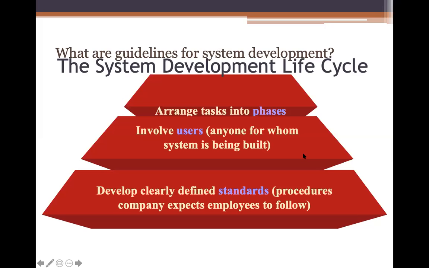So system development life cycle itself is a terminology to see the task that has been divided into phases, the users being involved, and the standards that are developed according to the objectives of this system.